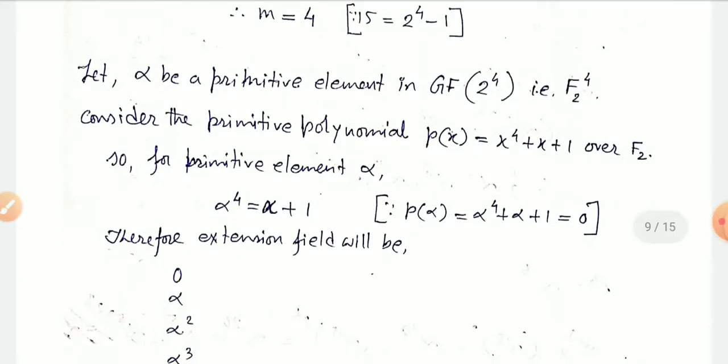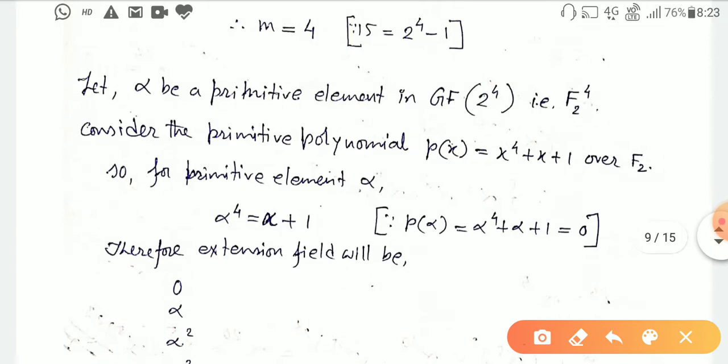you already got the value of m equal to 4. So for the field, the degree will be 4, that is 4 is defined by m. The 2 is defined in the question, since it is given as a binary BCH code, so the q value should be equal to 2.